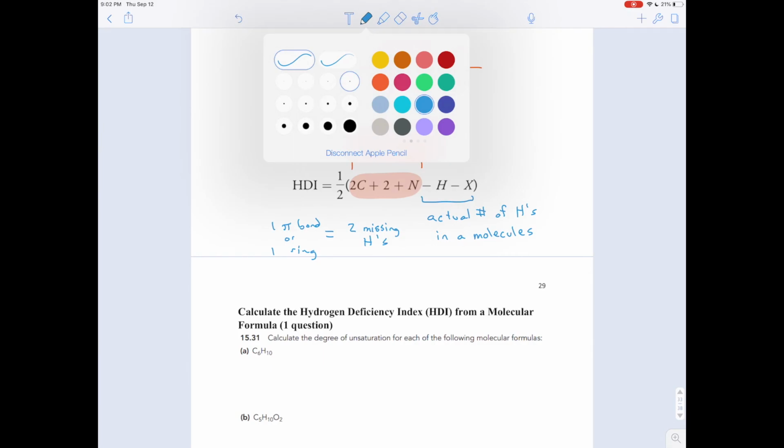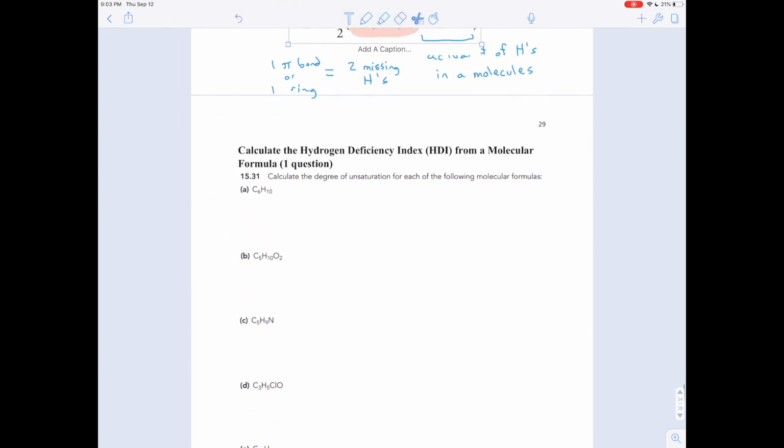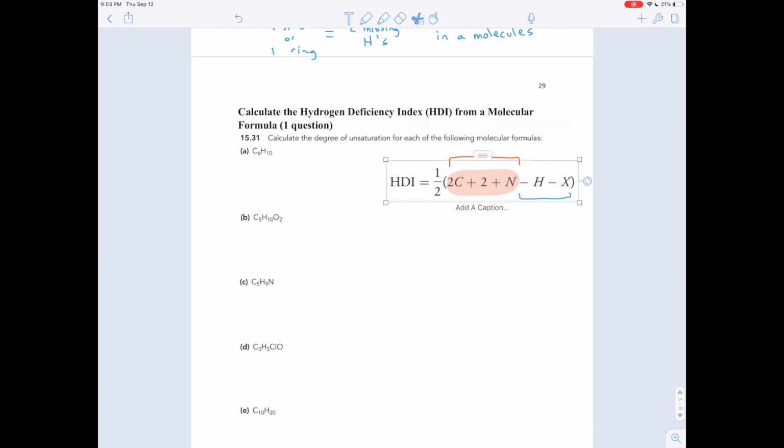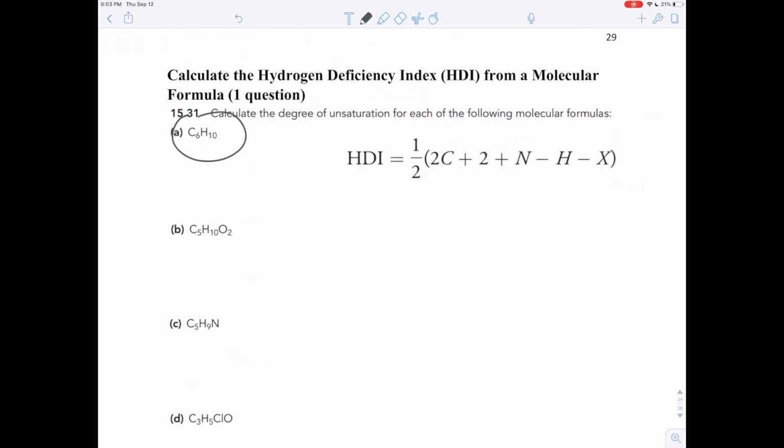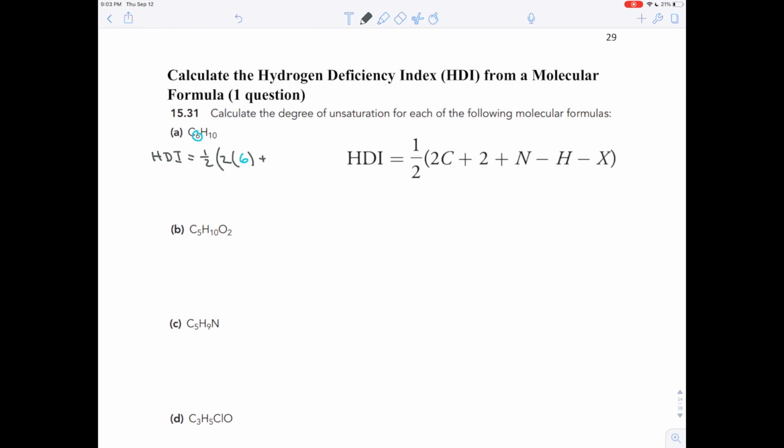Okay, so now that we have derived that equation, seen where it comes from, let's apply it. First, let's apply it to this formula right there. So for this molecule, the hydrogen deficiency index is going to be 1/2 times 2 times 6 plus 2.